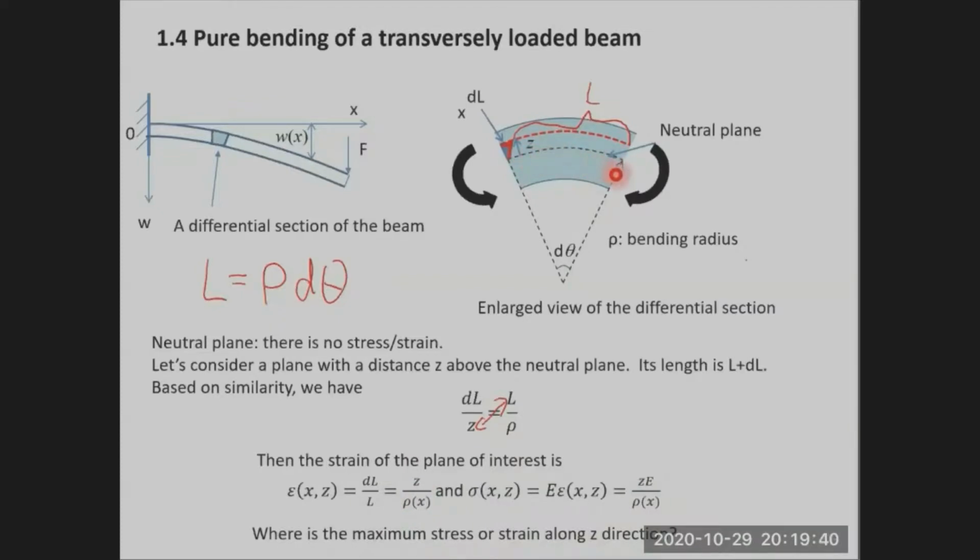So on the neutral plane, epsilon and sigma are both 0. That's the reason we call it the neutral plane. Above the neutral plane, z is positive, so we have positive strain and positive stress, and they are proportional to z. So the maximum stress and the maximum strain occur on the surface of the beam, either the top surface or the bottom surface.